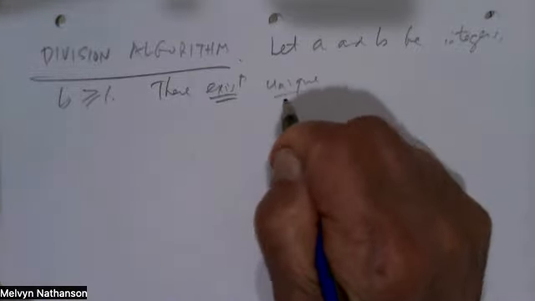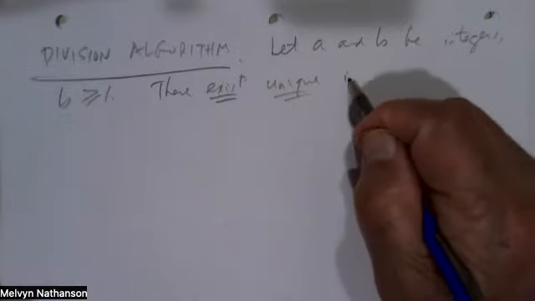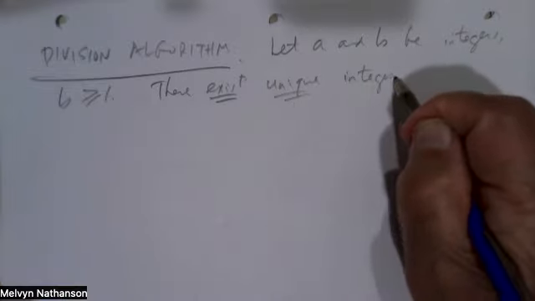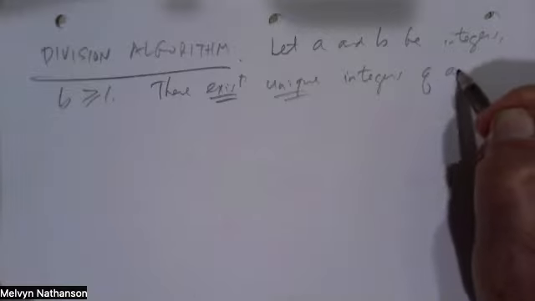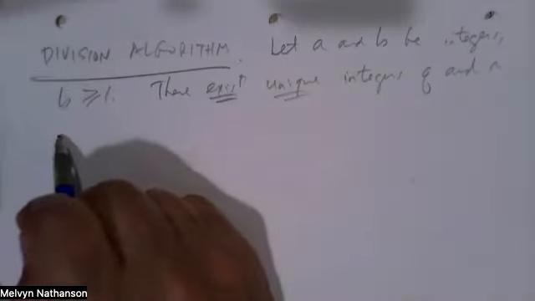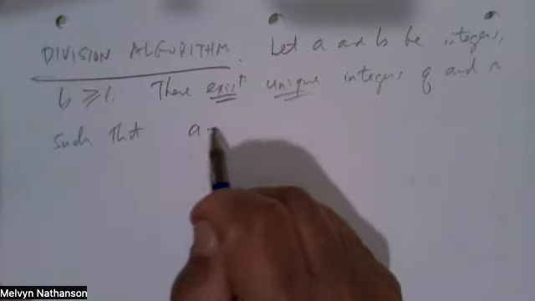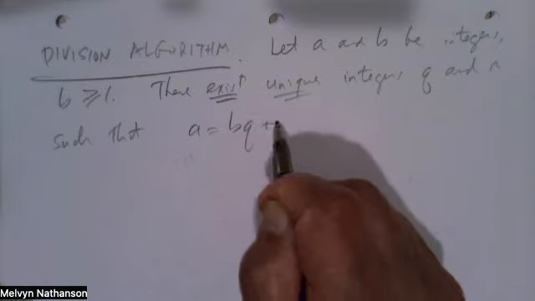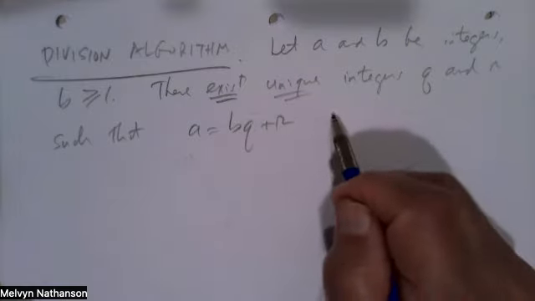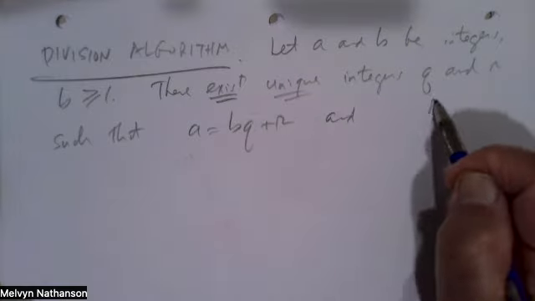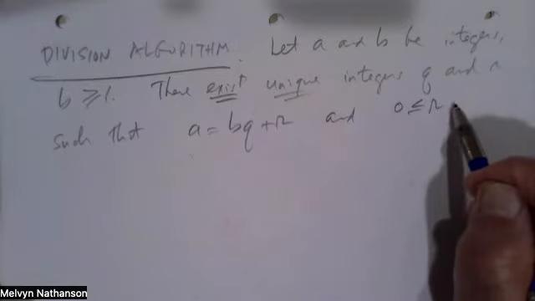Unique, that's another important word. There exist unique integers Q and R, such that A is BQ plus R, and R is an integer between 0 and B minus 1.